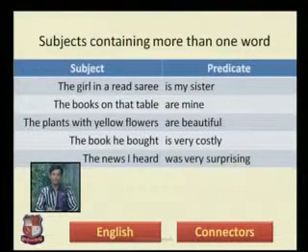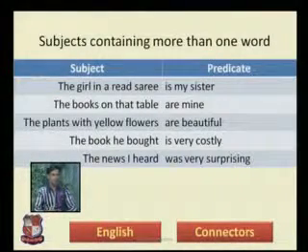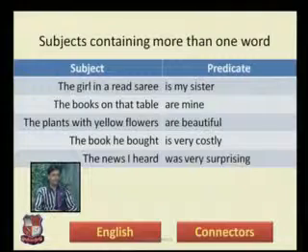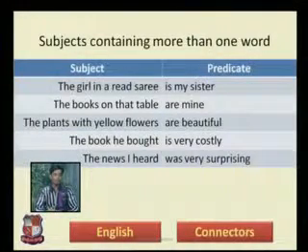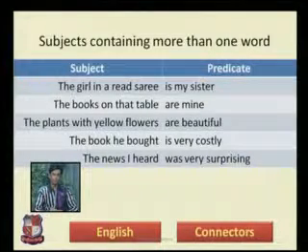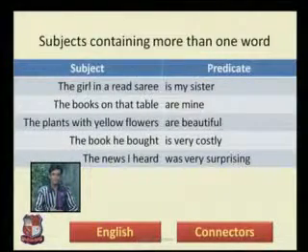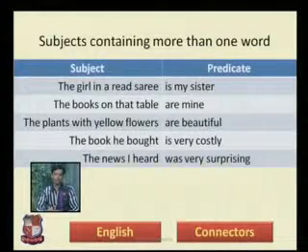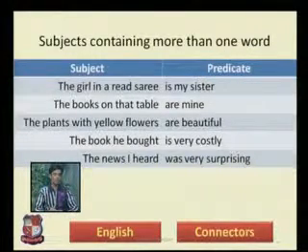The book he bought becomes the subject, is very costly becomes the predicate. The news I heard was very surprising. Again, the news I heard, totally there are 4 words, was very surprising, totally there are 3 words, it becomes the predicate.